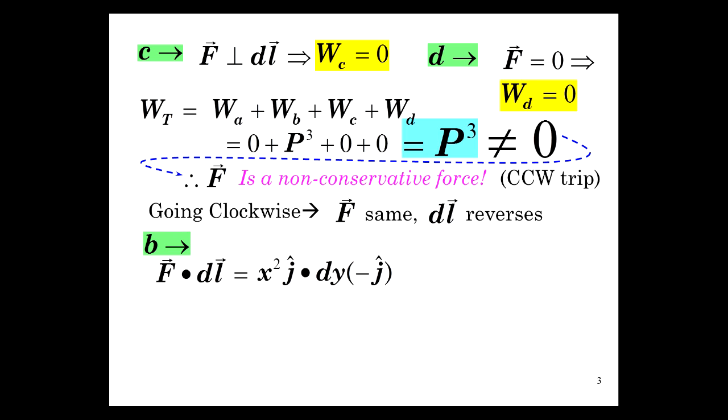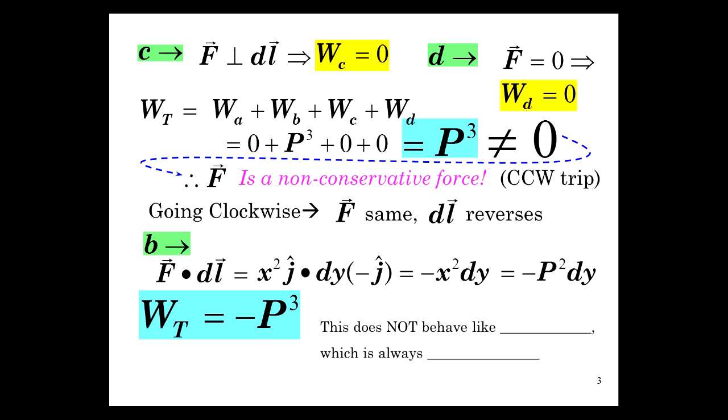J dot negative j is negative 1, so it's minus x squared dy, which is minus p squared dy. And if we integrate that like we did before, we get negative p cubed. So that's the total work done on the spider in traversing the path with that force, the x squared j, around the path in a clockwise direction.